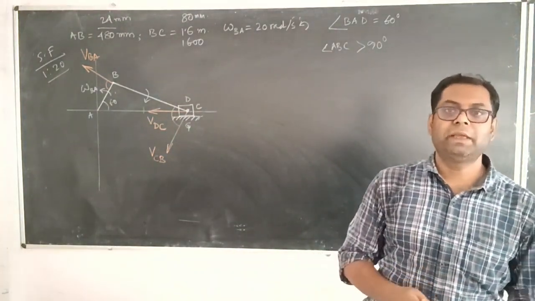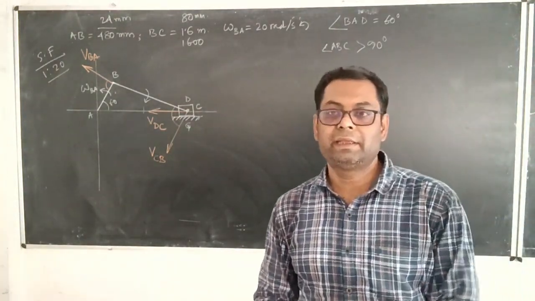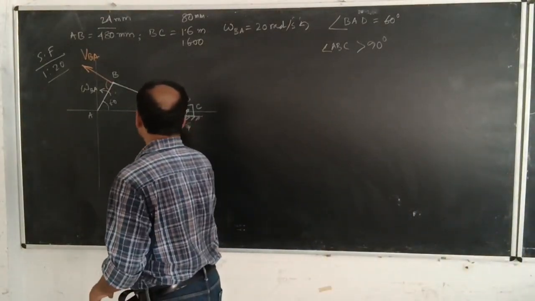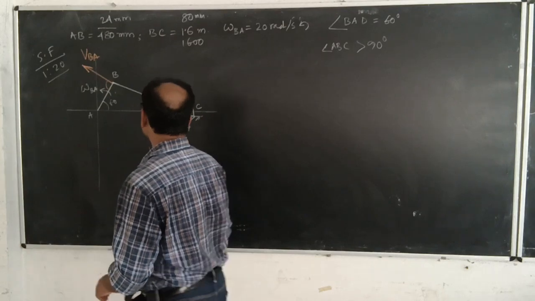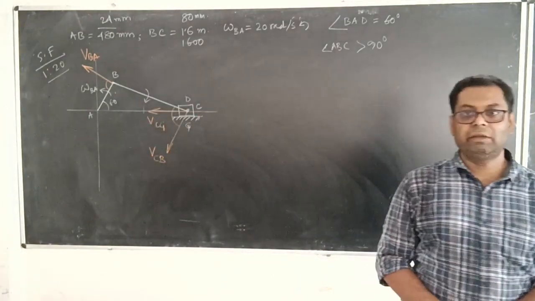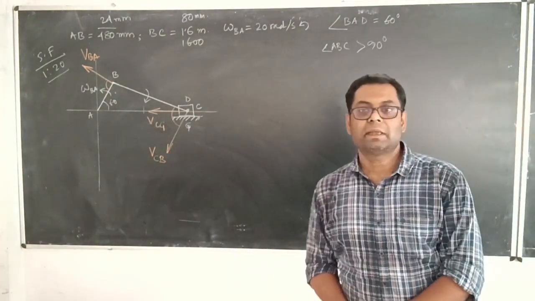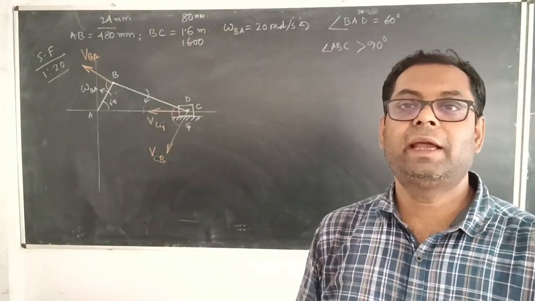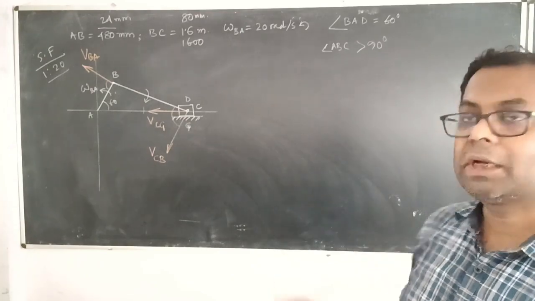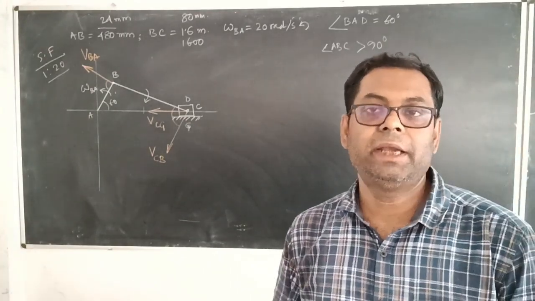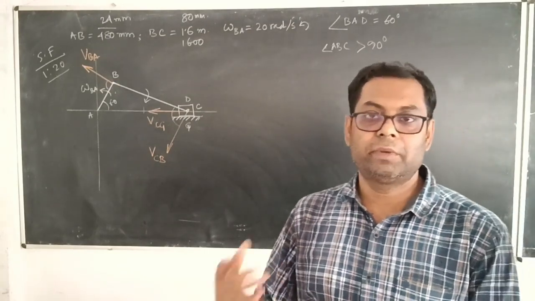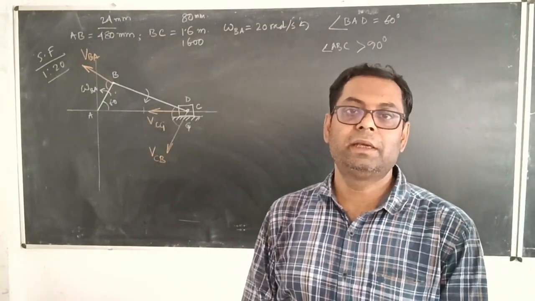So now the picture looks somewhat like this. Velocity of C with reference to G. Something like that. We got the entire orientation of the vector components of individual velocities which are acting at different parts of the different links.